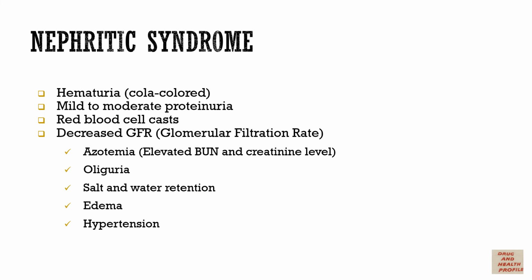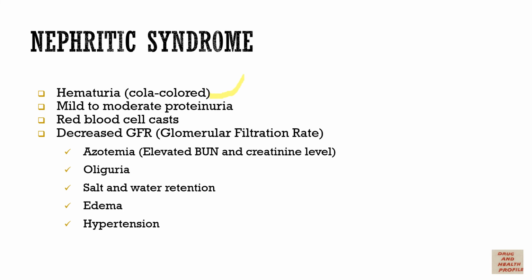Nephritic syndrome. Glomerular diseases associated with nephritic syndrome are caused by inflammatory changes in the glomeruli, such as infiltration of leukocytes or even necrosis. Nephritic syndrome is characterized by hematuria, that is blood in the urine.